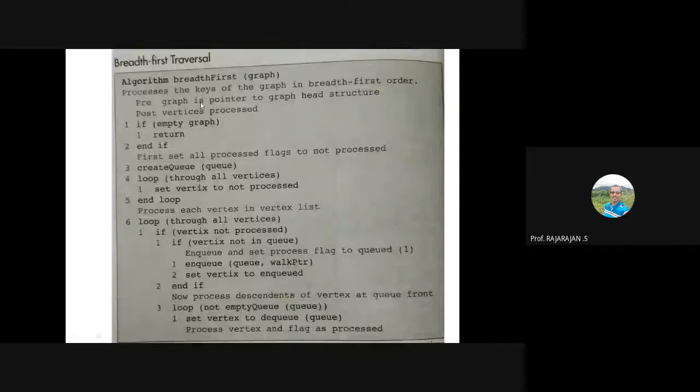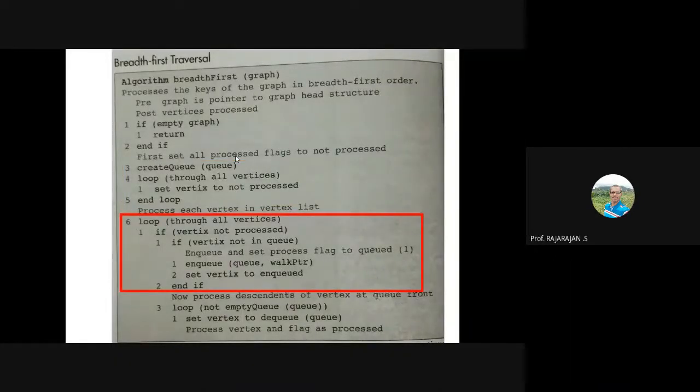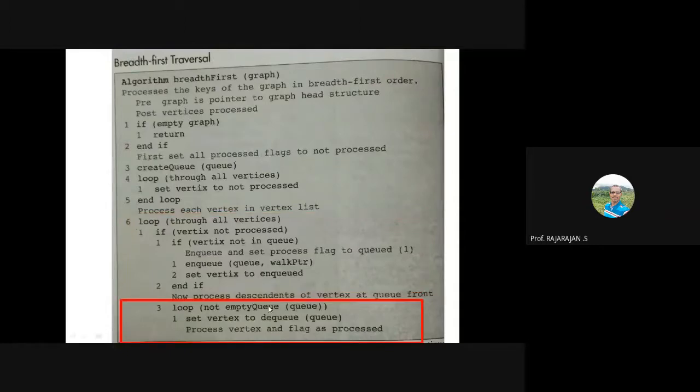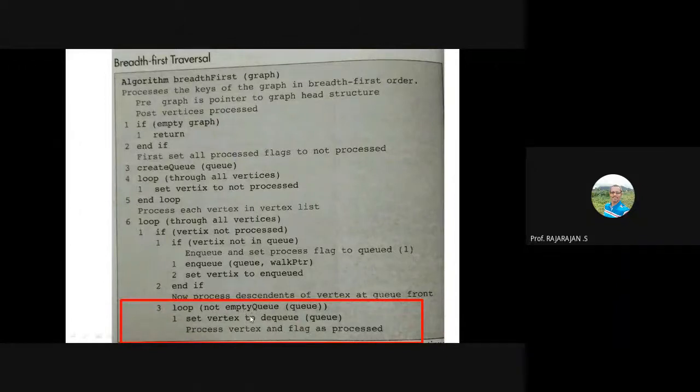And the algorithm is also exactly the same. I don't need to explain the algorithm again. The only difference is it employs a queue here. In the previous algorithm we saw the usage of stack, but this algorithm has just replaced the stack by a queue. That's all needed for you to write the algorithm.